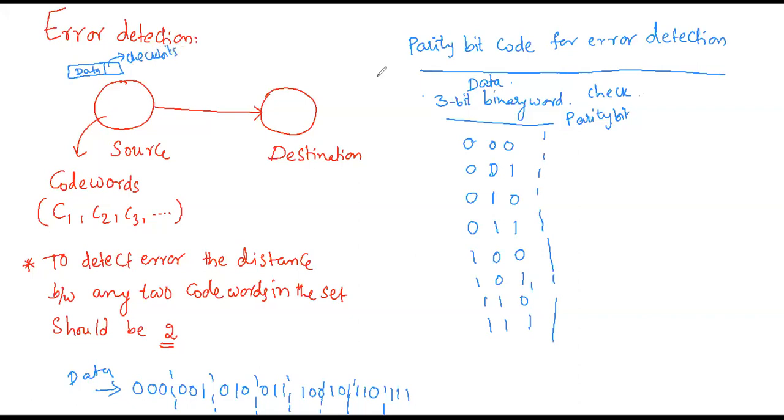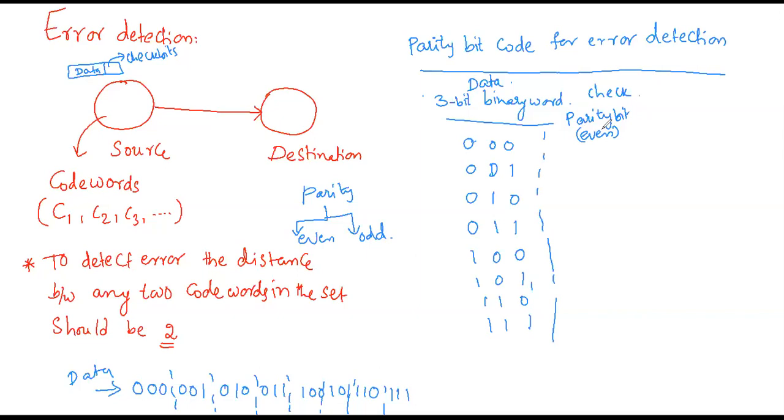In the parity bit also we have two kinds: even parity and odd parity. Now, we are considering this parity bit as even. You can consider anything, even or odd, but I am considering even.